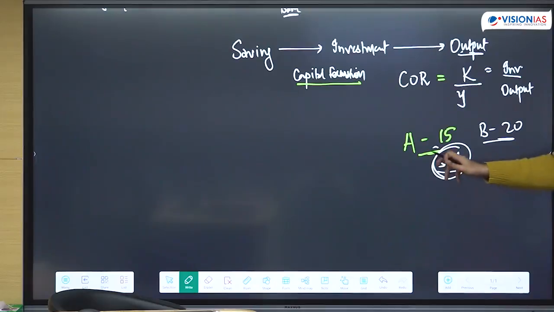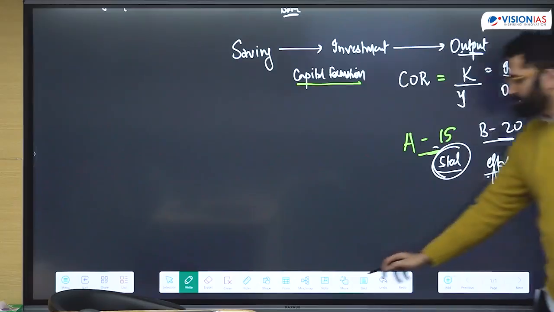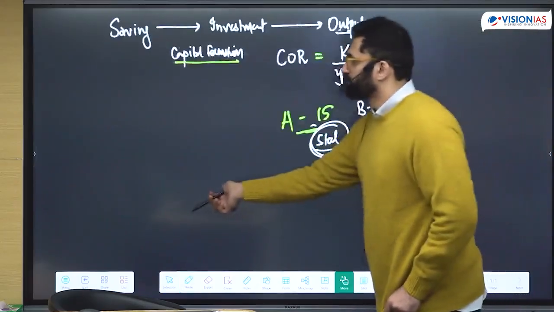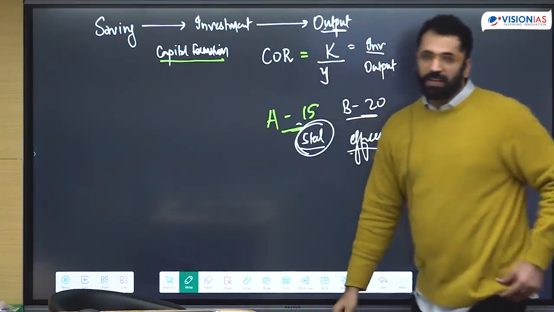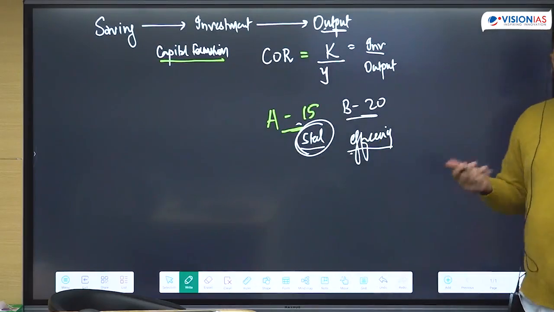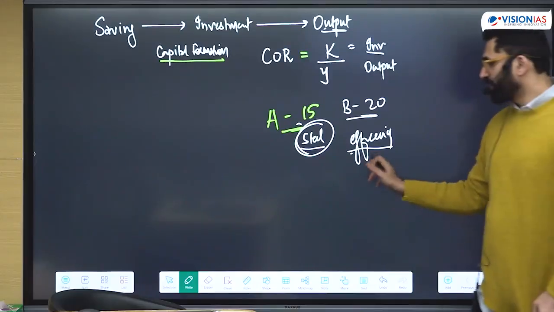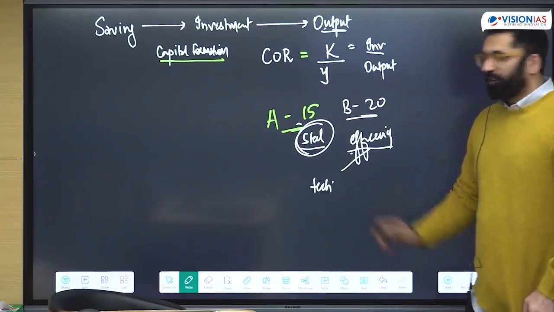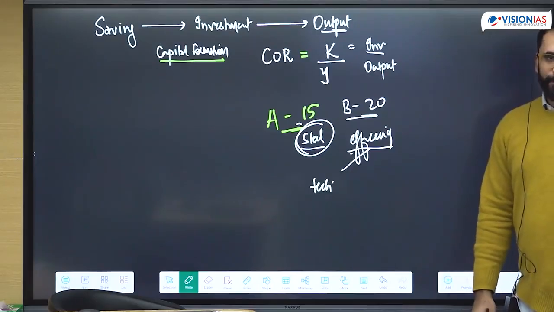A is utilizing it better. That means A has more efficiency. Now why could this efficiency be more? What is better capital? What you can say is I have better technology. What else?